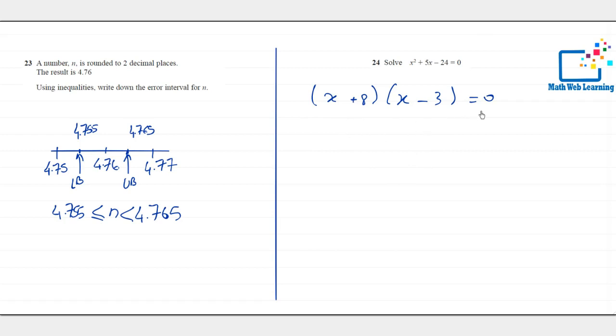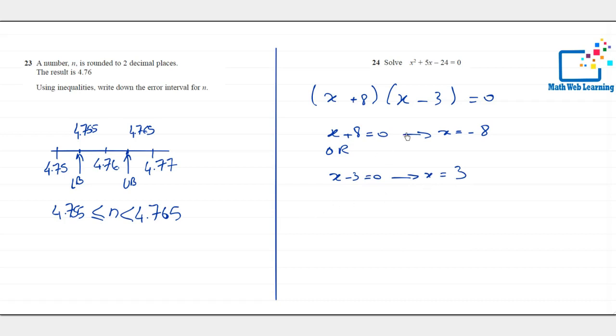Basically, in order for this to be equal to 0, you could have either the first bracket x plus 8 equals 0. That will give you x equals minus 8. Or the second bracket, x minus 3 equals 0. That gives you x equals 3. And that's how you answer it.